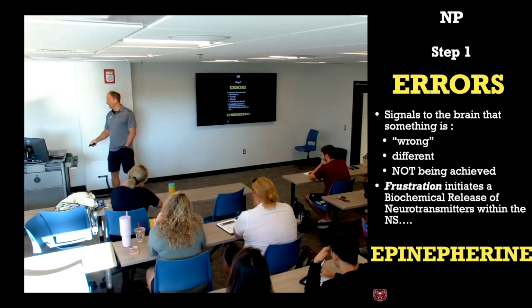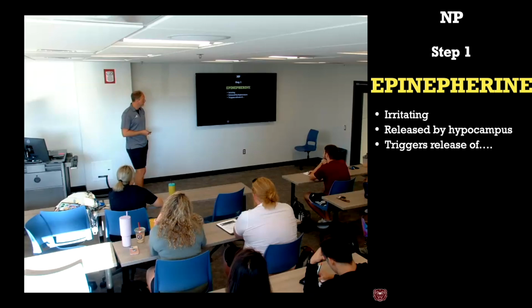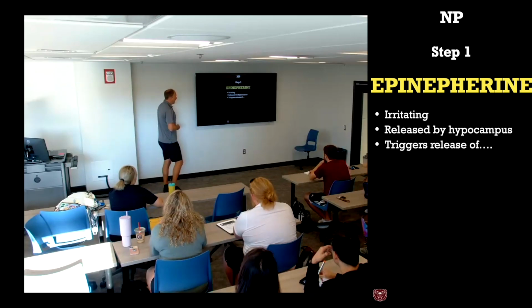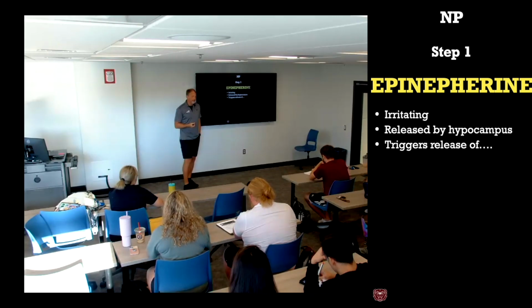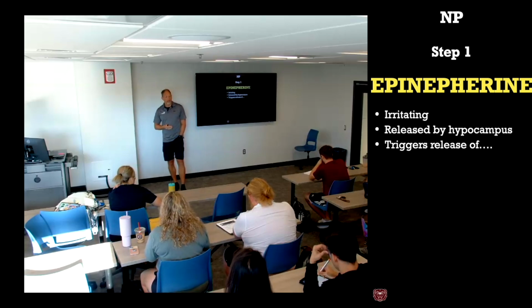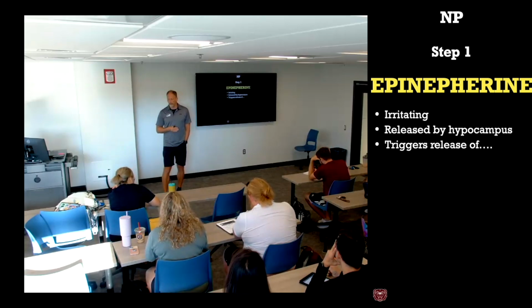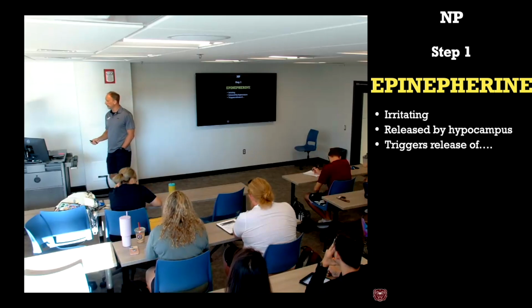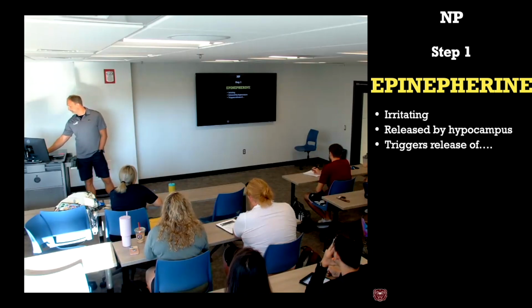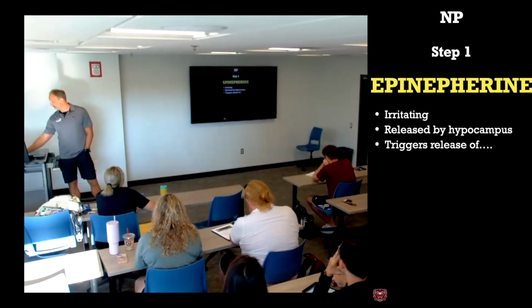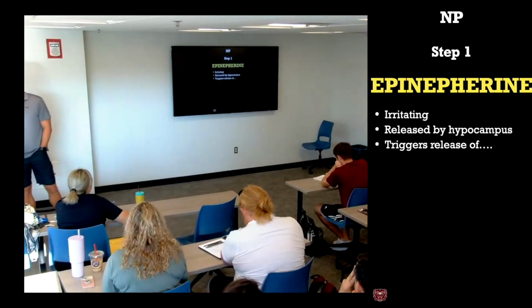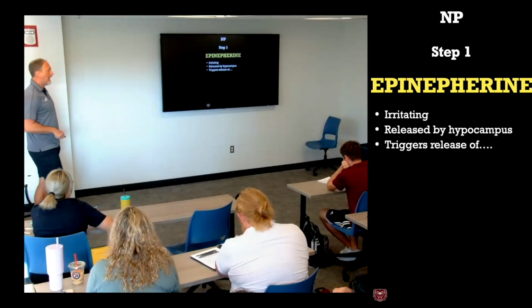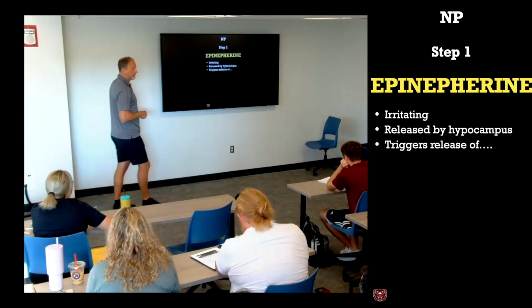So step 1 is we have to make errors. We have to find something that is a challenge when we're introducing exercises, when we're introducing drills to the individual. We have to then do that in a manner in which they feel a little frustrated. They have to be engaged.